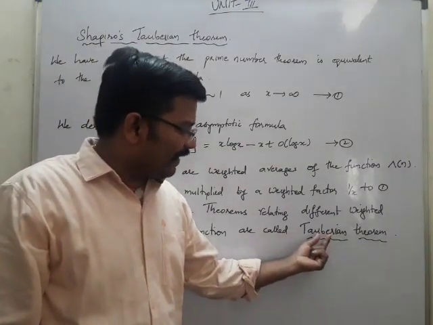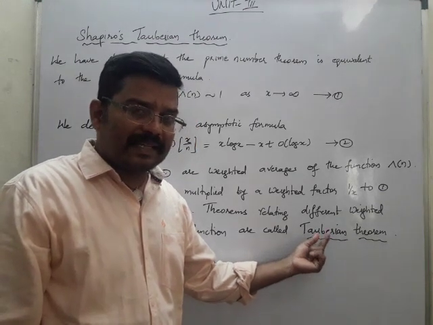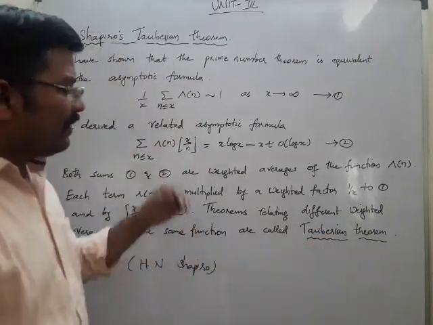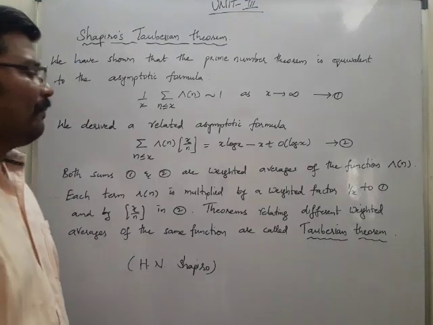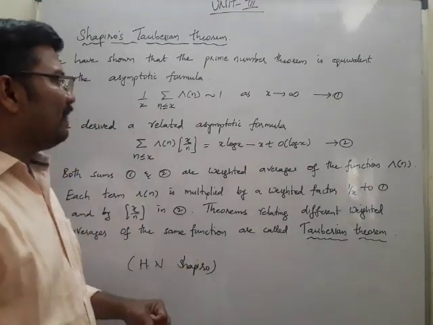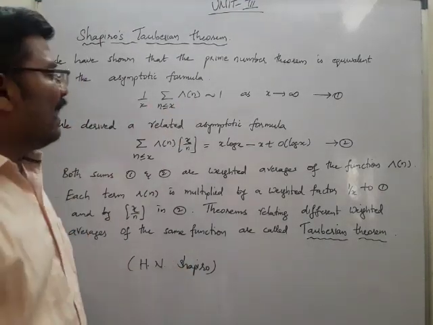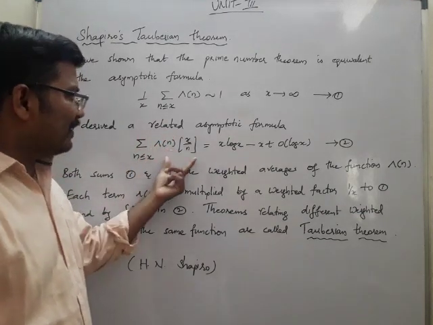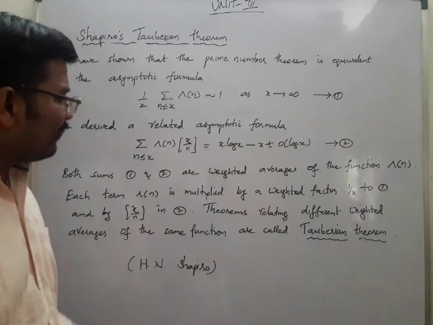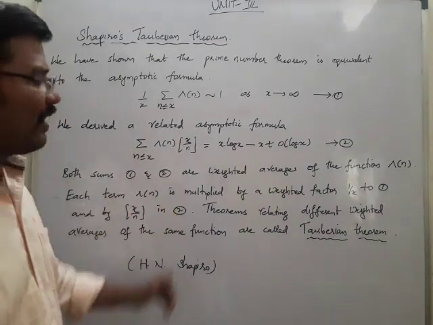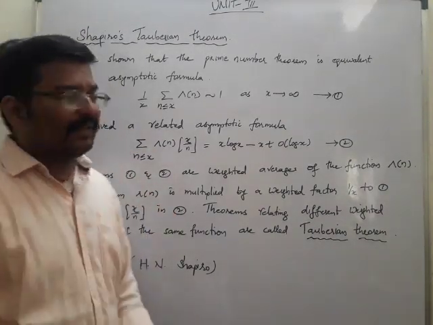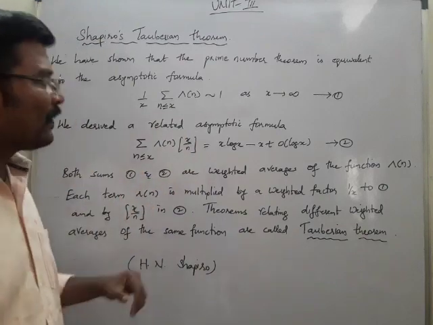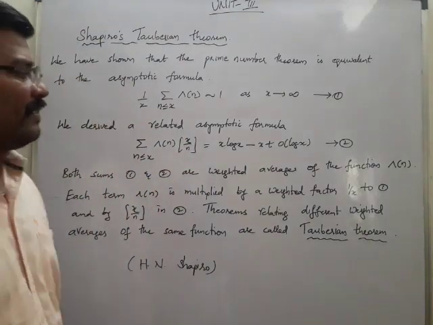Now we are going to find out what the Tauberian theorem, that is Shapiro's Tauberian theorem, is. Tauberian means nothing but the weighted factors which are multiplied to the lambda n and the x by n. The sum of these two can be called a Tauberian theorem, or we can say Shapiro's Tauberian theorem.